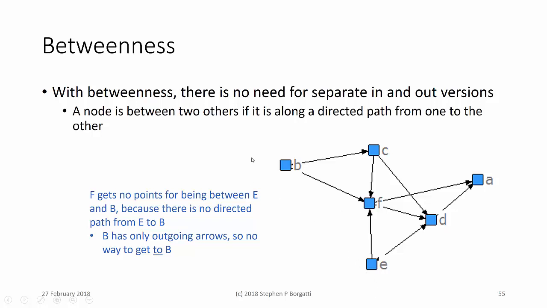Actually, yes, but, sorry, you can go around. So you can go from B to F to D to E. So again, F is needed. So, we don't need an in-betweenness and an out-betweenness. It's just plain betweenness. That's very nice.